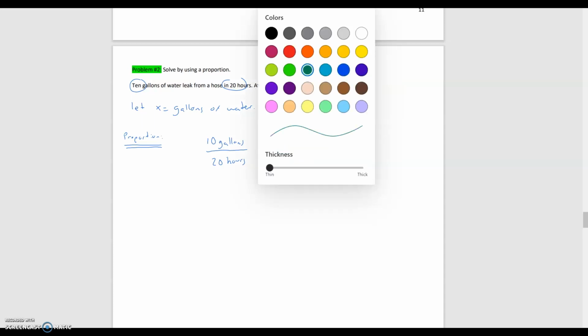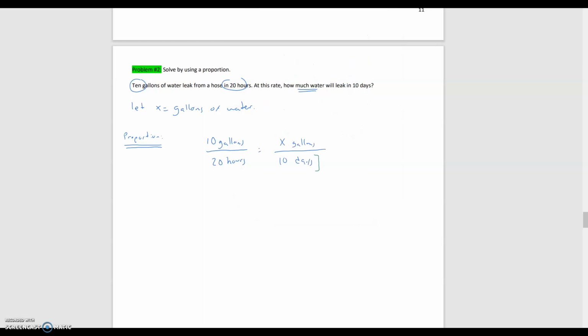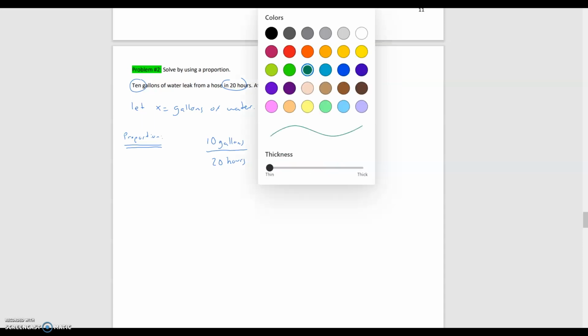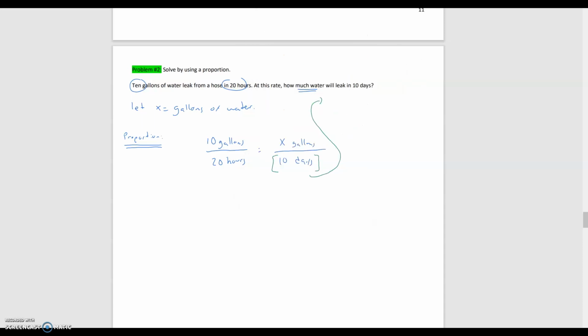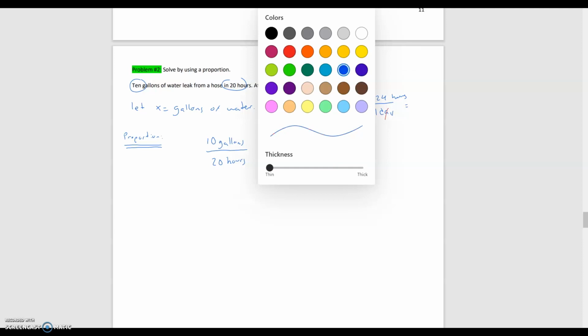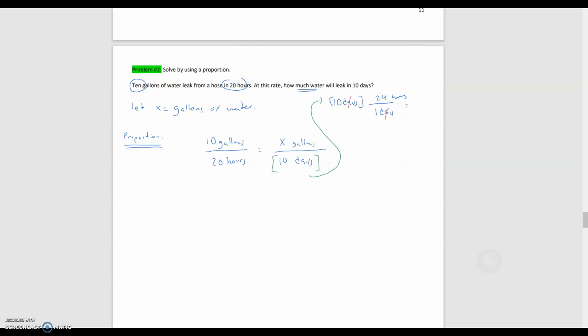Now, before we actually go further, we do have a problem here because your units don't match: 20 hours to days. So in this case, it would be more appropriate to write it as days into hours. So in this case, 10 days, and I'm just going to multiply it by 1 day, there's 24 hours. Once you cancel the units, days cancel, and you're looking at 240 hours.